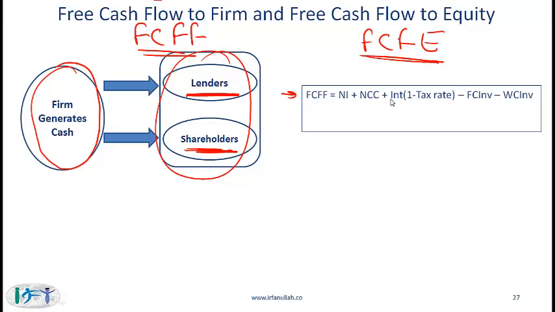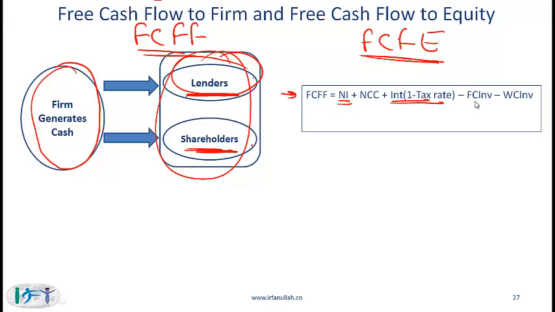Then we also add back after-tax interest. Why? The reason is we are looking at cash available to all suppliers of capital. Net income was arrived at after subtracting interest, but we want to know how much money is also available to the lenders. So we add back after-tax interest.